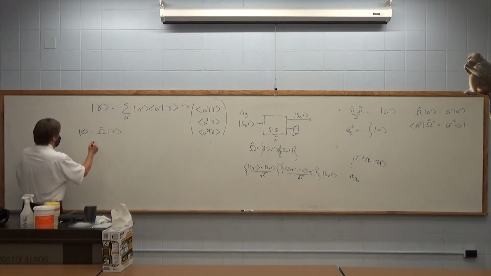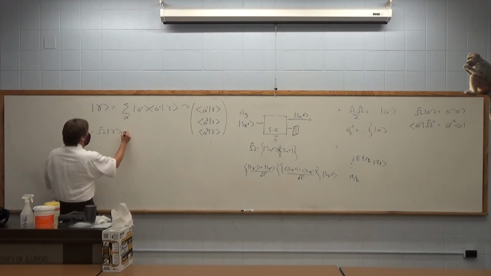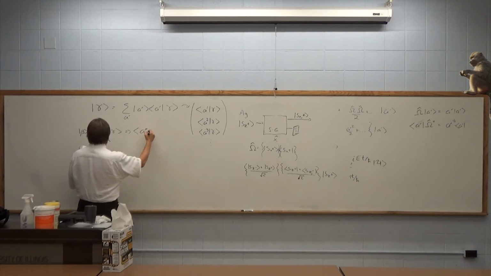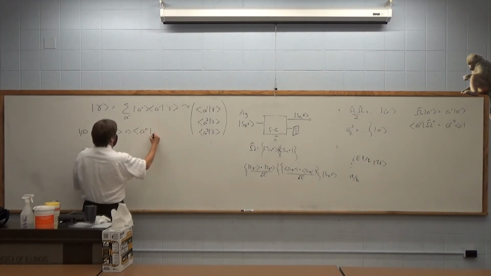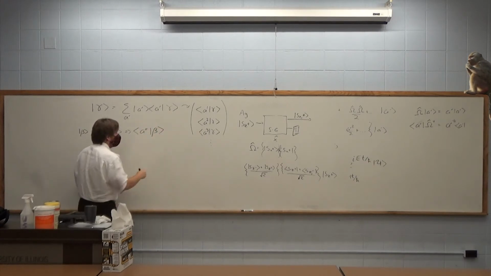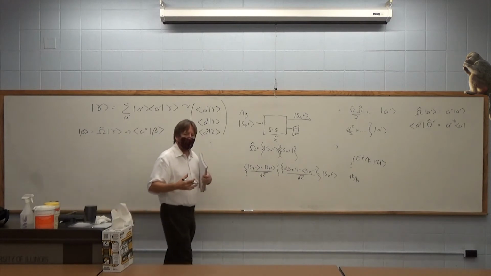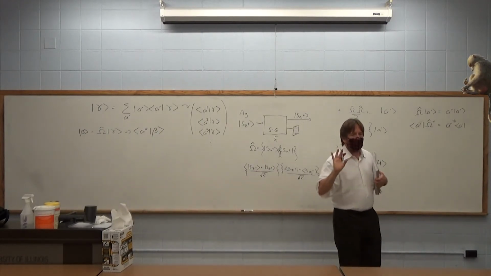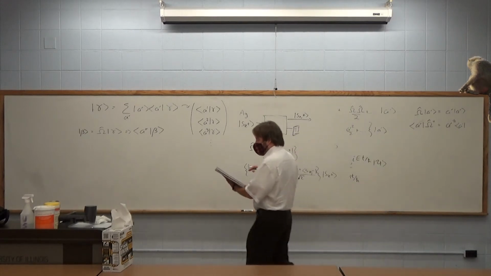Okay, now why am I saying that? Therefore, what I'm going to do now is project, using the book's notation, one of my basis states, any arbitrary basis state, ground state versus excited state, onto beta. Okay, now why am I doing that?